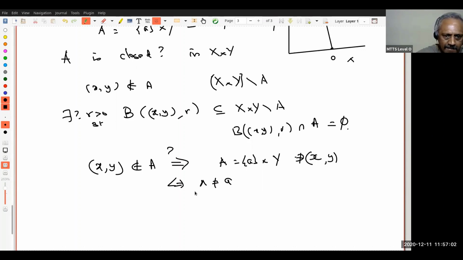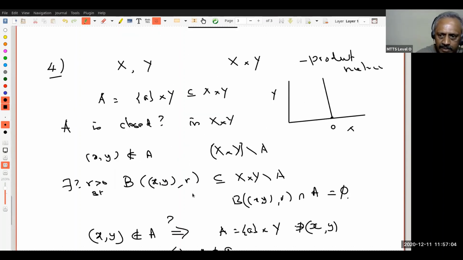Yes? Therefore, let us look at the picture. This is my A, this is my x. This may be my (x, y). Now, remember, x is not equal to a, therefore there exists an open ball B(x, r) which will not have a.